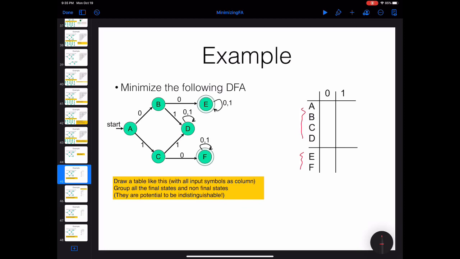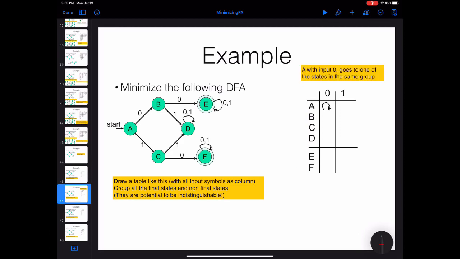I will start with two groups, and I will check the transition over all of the states, and whenever I notice a different behavior, I will create more groups. I will split each group into more and more groups until I'm not changing anything.